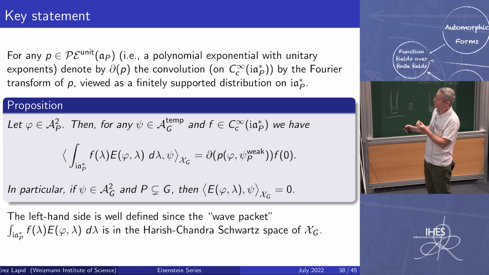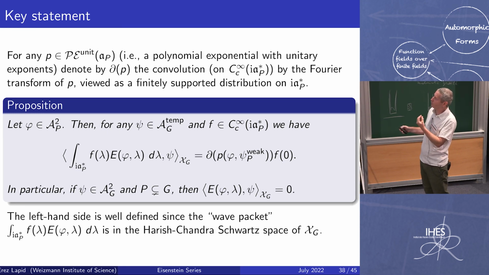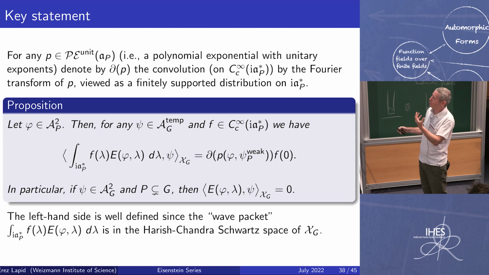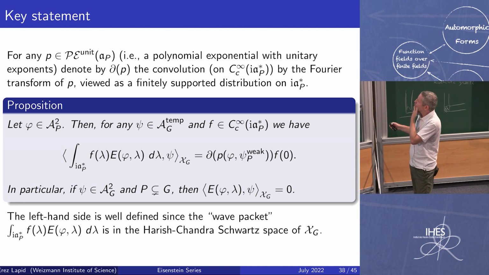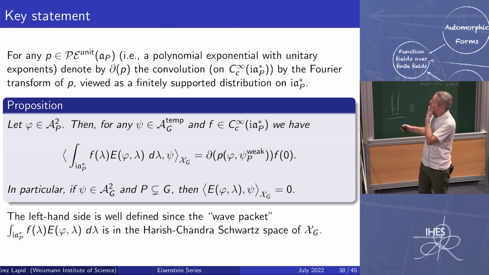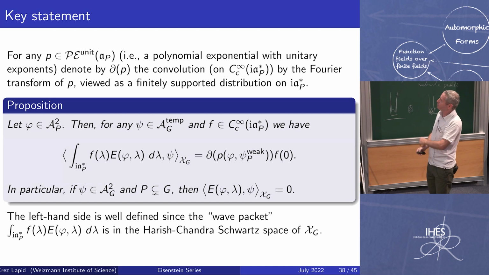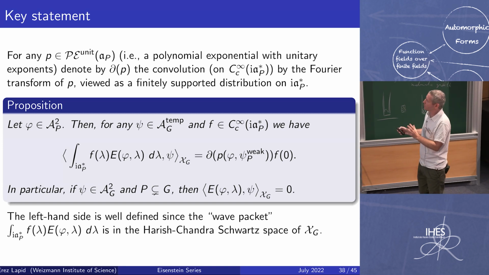And the claim is that it has a very simple formula, namely you pick the value of f at, how should I say it? Well, so what is this guy here? I said that this psi P weak, whatever it is, is some polynomial exponential.